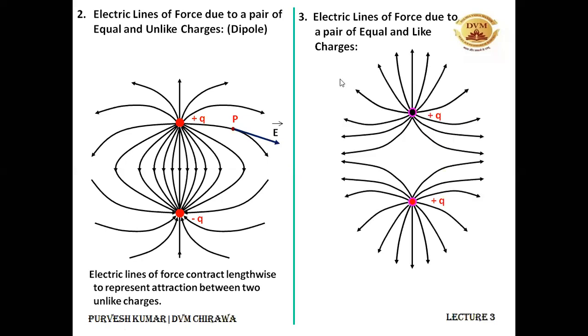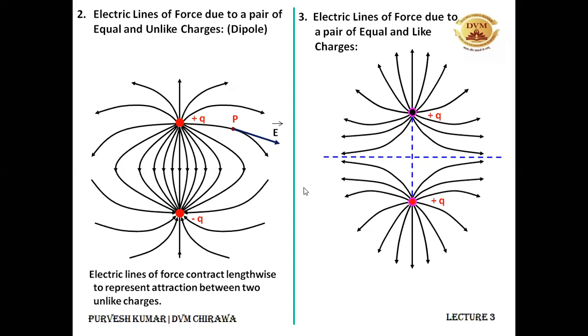They move out of this positive charge, and again out of the other positive charge. Somewhere in between, no electric field lines exist, and this is because of the repulsion of these two positive charges. And between a positive and a negative charge, the electric field lines do exist, and in a profound manner, because they show the attraction between these two charges.